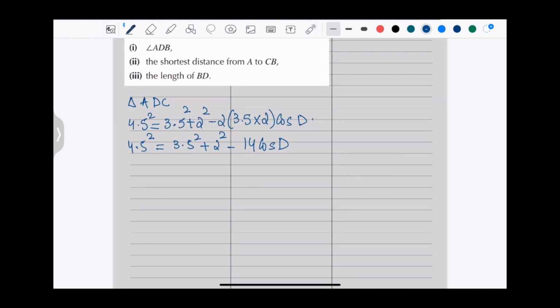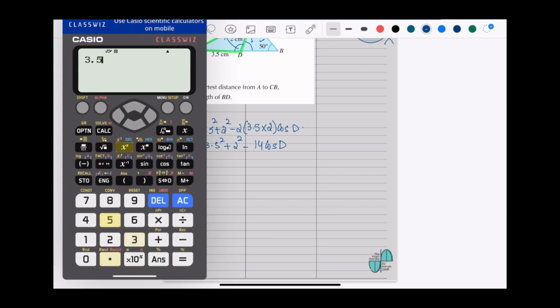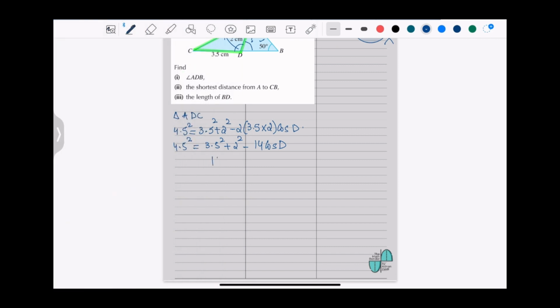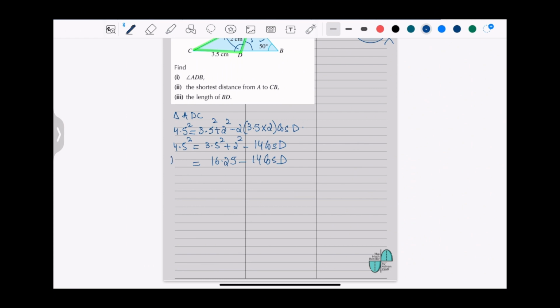Now, a lot of students, what they are used to doing is 16.25 minus 14 cos of D equals to 20.25.